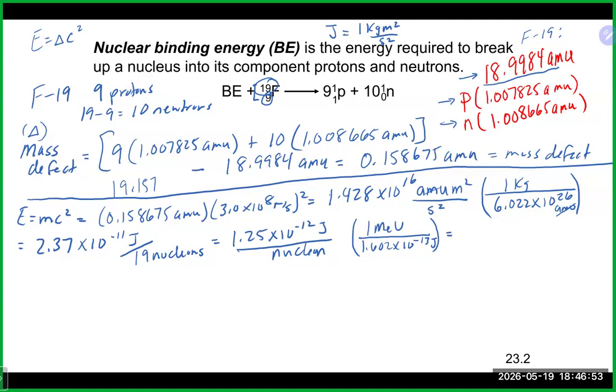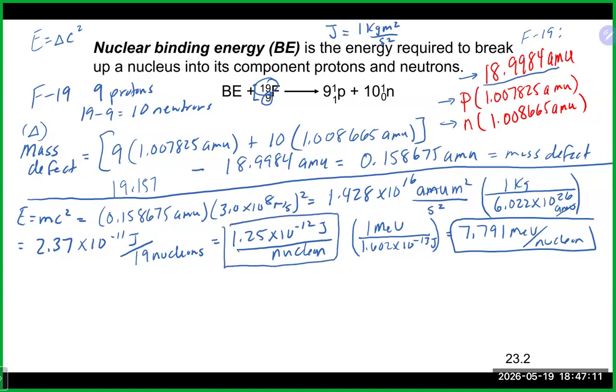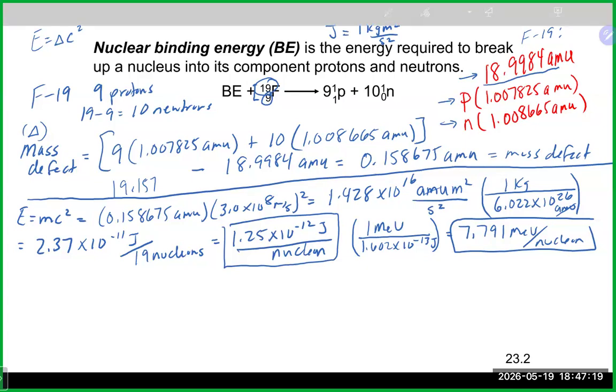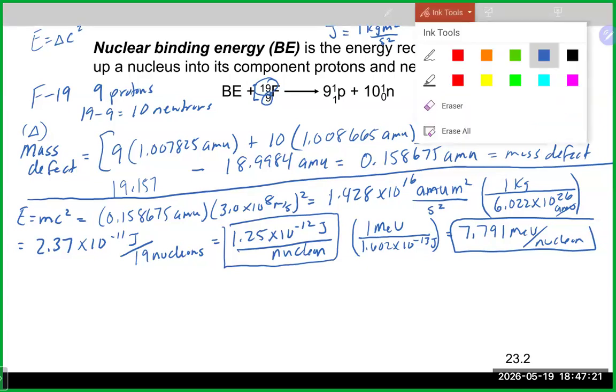If I divide it by that, this will get us another version of it, which is about 7.79 mega electron volts per nucleon. So this is the nuclear binding energy per nucleon for fluorine 19 in both joules and mega electron volts. First off, any questions on that there?